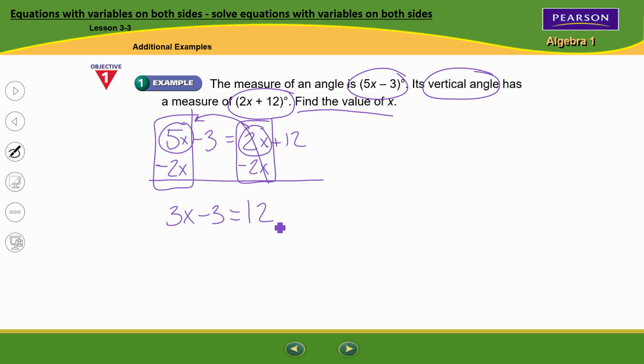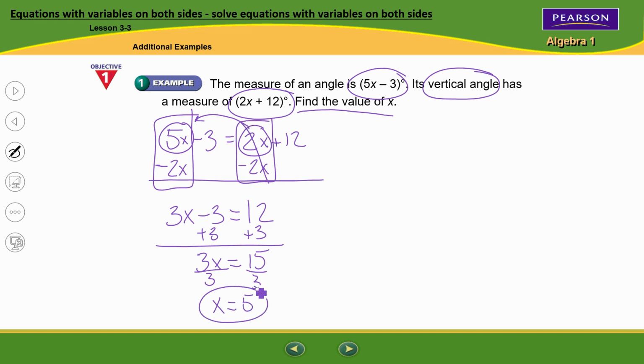We started with something a little different. Now we have something familiar, a two-step equation. So quickly solve. Plus 3, plus 3. 3x equals 15. Divide by 3, divide by 3. x equals 5.